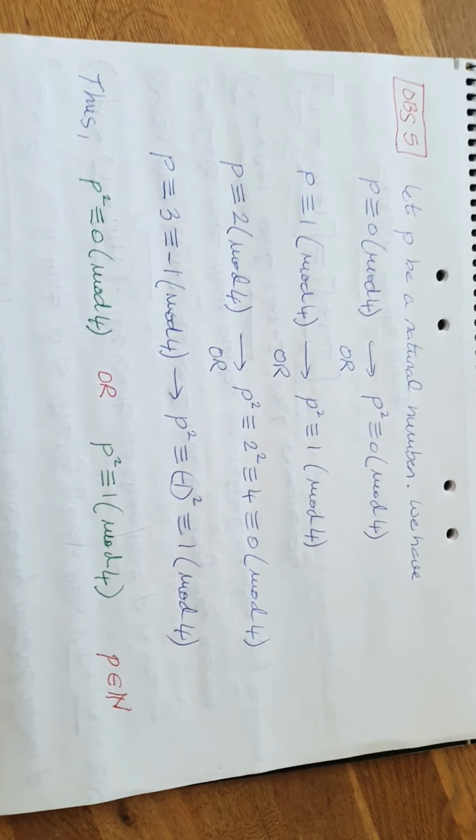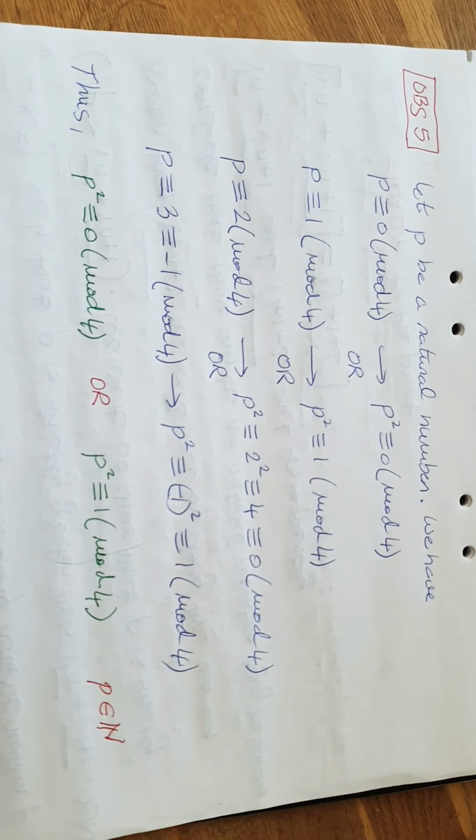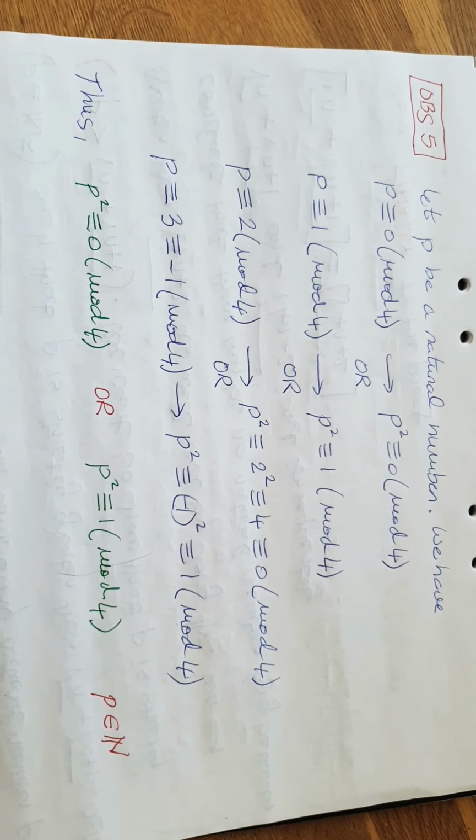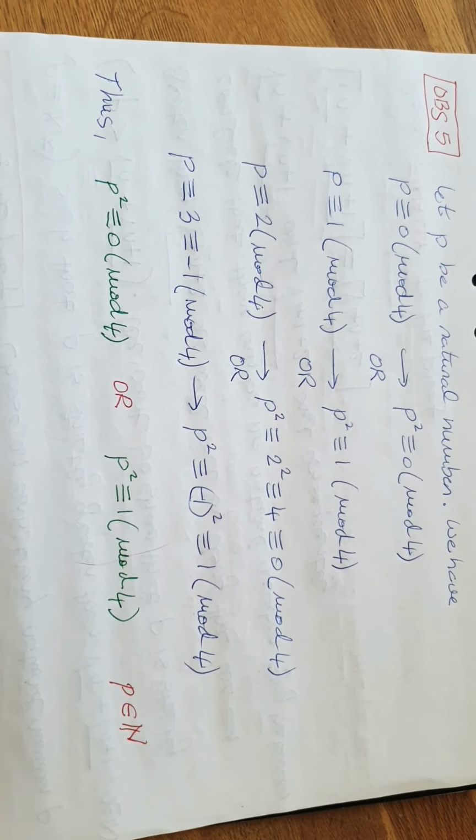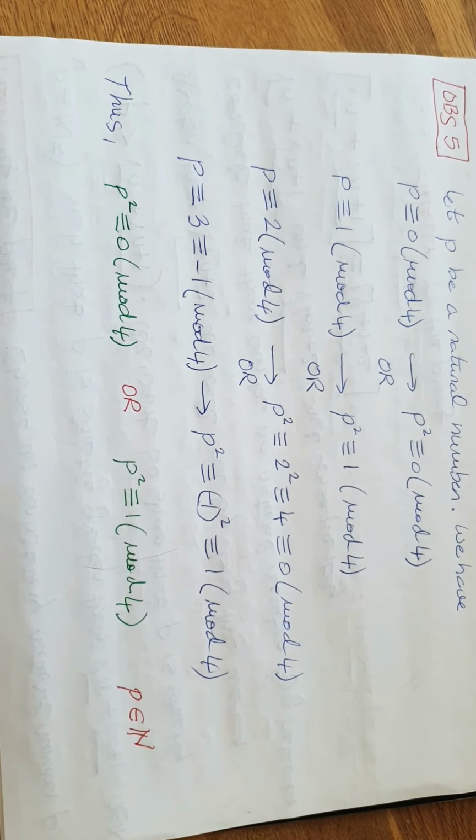Now, moving on, observation number 5. If p is a natural number, and if we divide p by 4, then we can have 4 different remainders, namely 0, 1, 2, and 3.